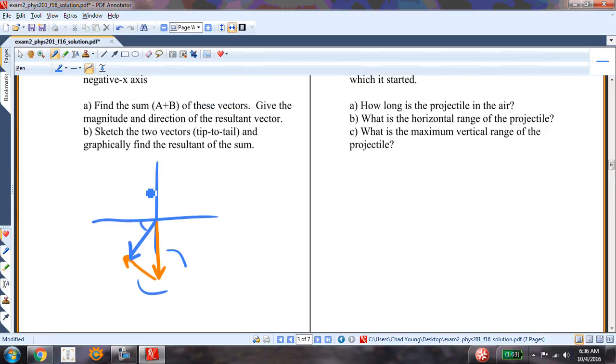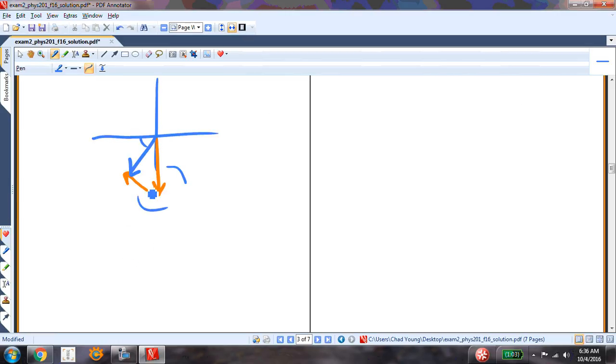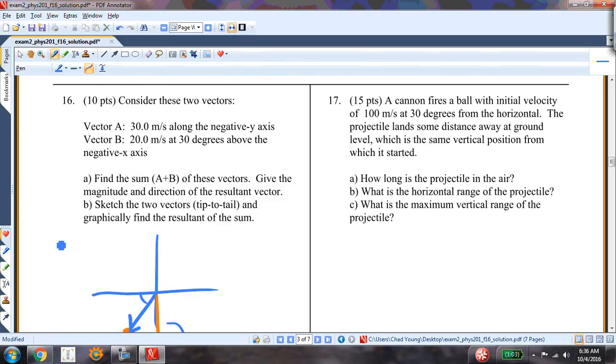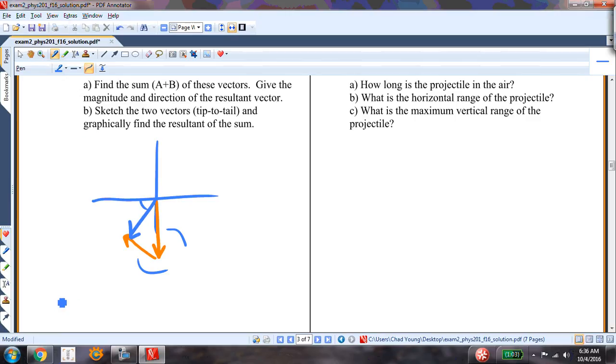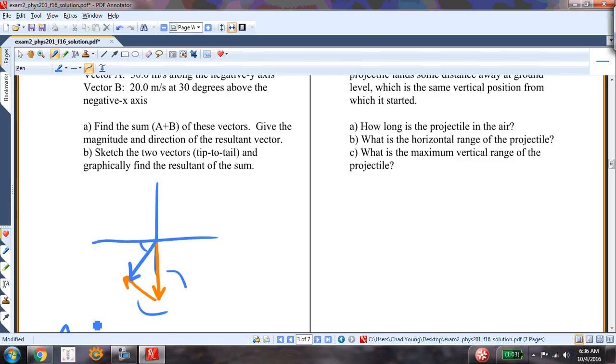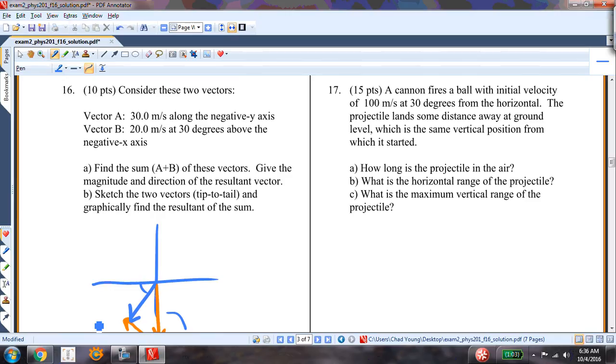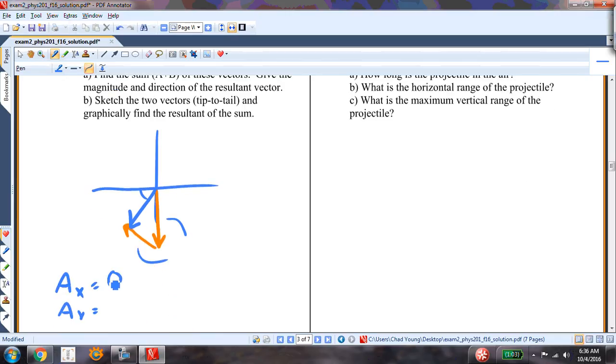Now, let's find the sum of these two vectors. So my first step will be to find AX and AY. This one has an AX equal to 0 because it's on the negative y-axis, and AY equal to negative 30. And then I can find BX and BY.